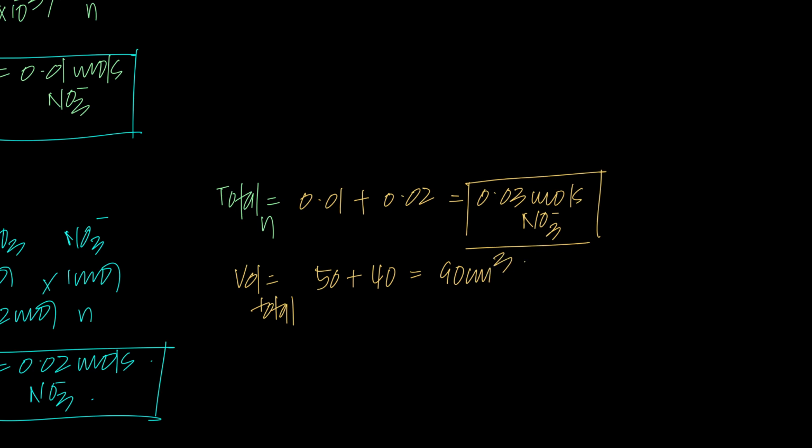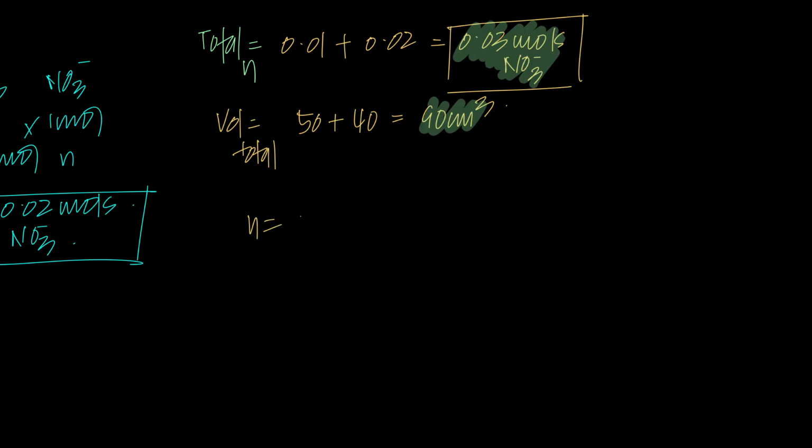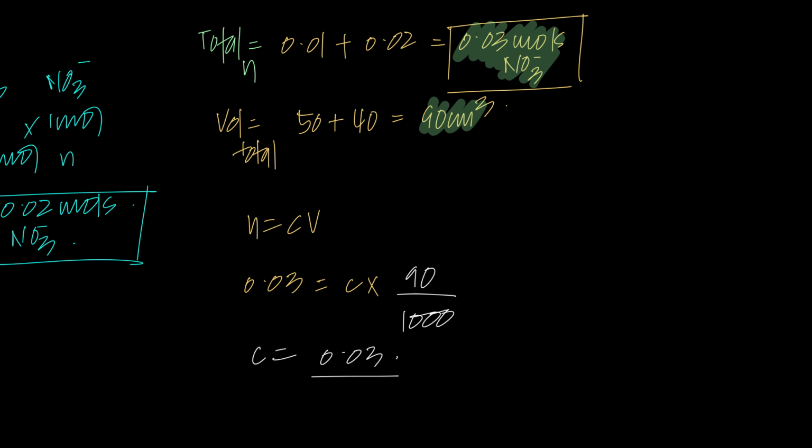And now you have the volume of the mixture and the moles of nitrate ions in that mixture, and you could find the concentration, n equals CV. You have the moles, 0.03, volume is 90. Let's suppose I want the concentration in mole per dm cube, so I divide by 1000. C is equal to 0.03 divided by 90 over 1000.